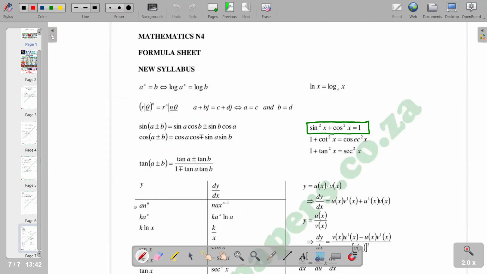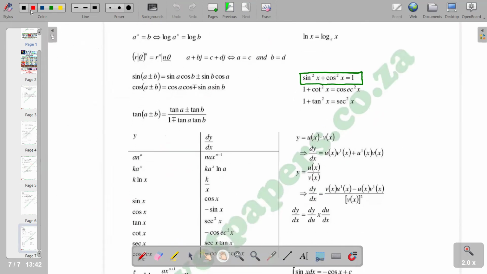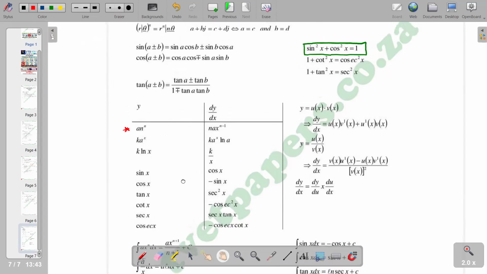The formula that we are using is the formula that we are having on our formula sheet. Here it is. You are using this one. If y is equal to ax to the power n, then the derivative will be equal to k a. This is the formula that we are applying to simplify there.